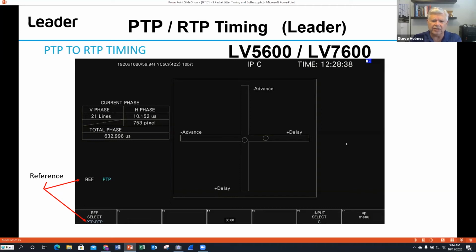But what you want to see is that this is absolutely stationary, absolutely still. So what this is looking at now is PTP, which starts at the same place that black burst starts or tri-level starts, to RTP, which is the timestamps of the IP packets that are making the picture.